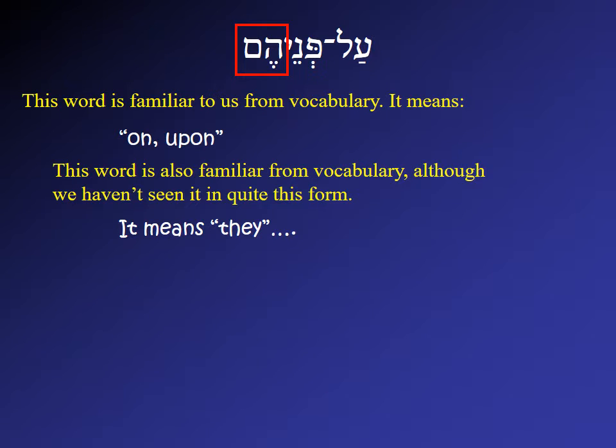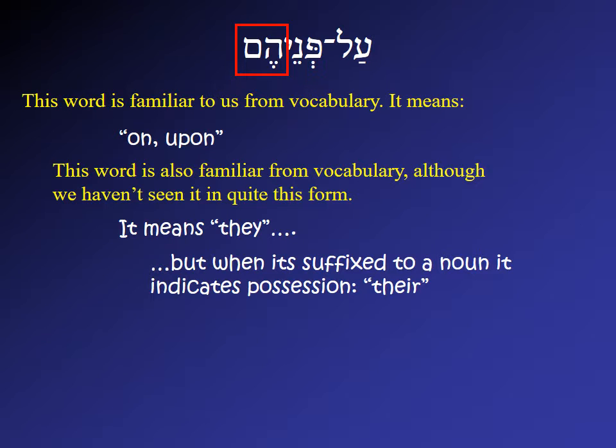So we know the preposition heim, which when it stands by itself means they. What we have here is they suffixed to a noun, so it is a possessive pronoun, third masculine plural, meaning their. So heim by itself, they. Hem, suffix to a noun, means their.